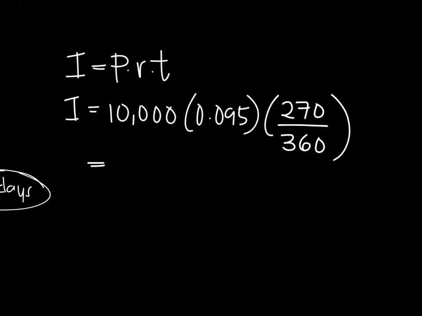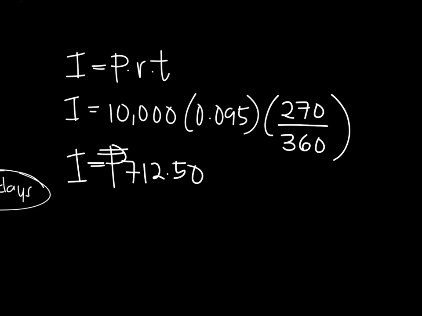Compute 10,000 times 0.095 times the fraction 270 over 360, and that will be 712.50. So that's the interest in pesos, 712.50.